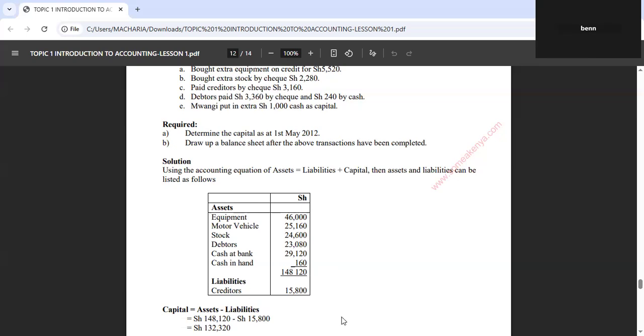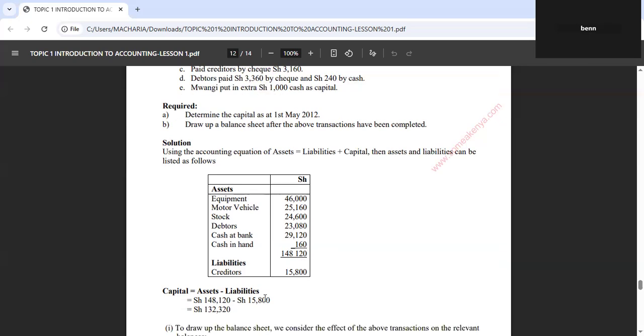The difference gives you the amount of capital. Did you have this one from your answer? No, you had 98,000. So this is the correct amount of capital. You have all the assets, you less liabilities to get capital.